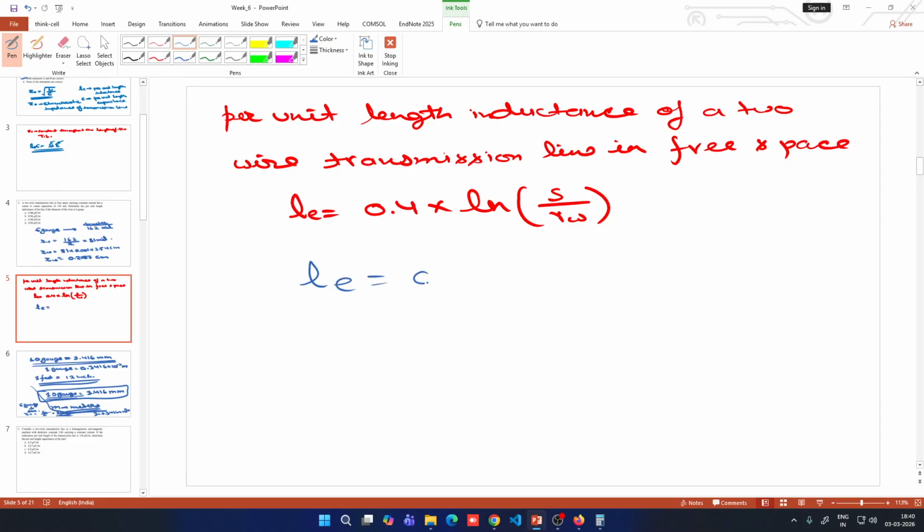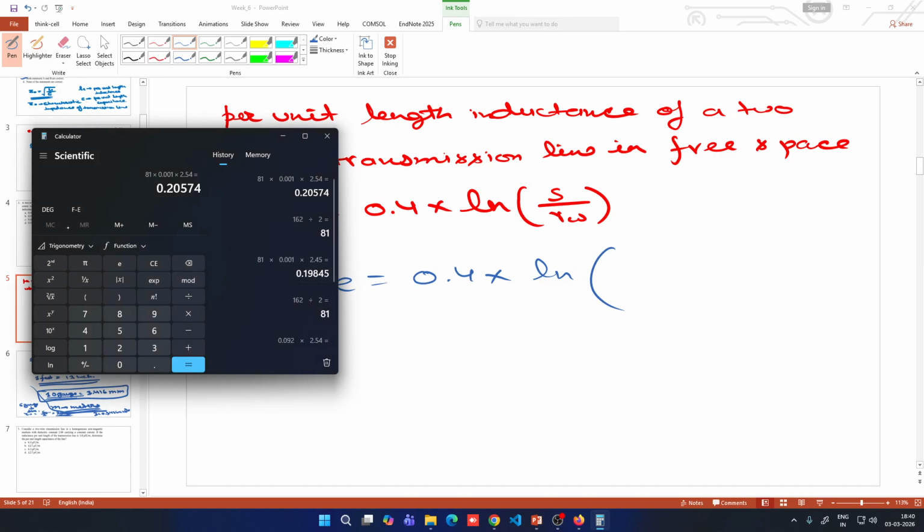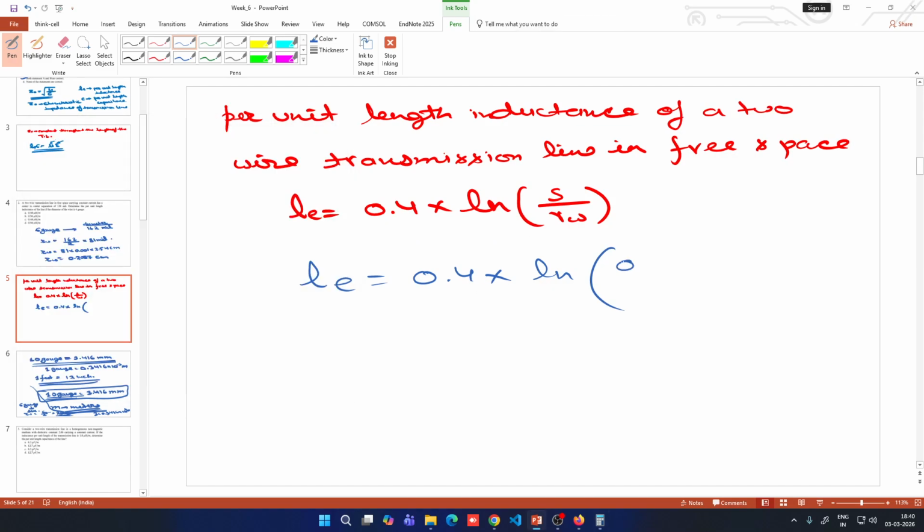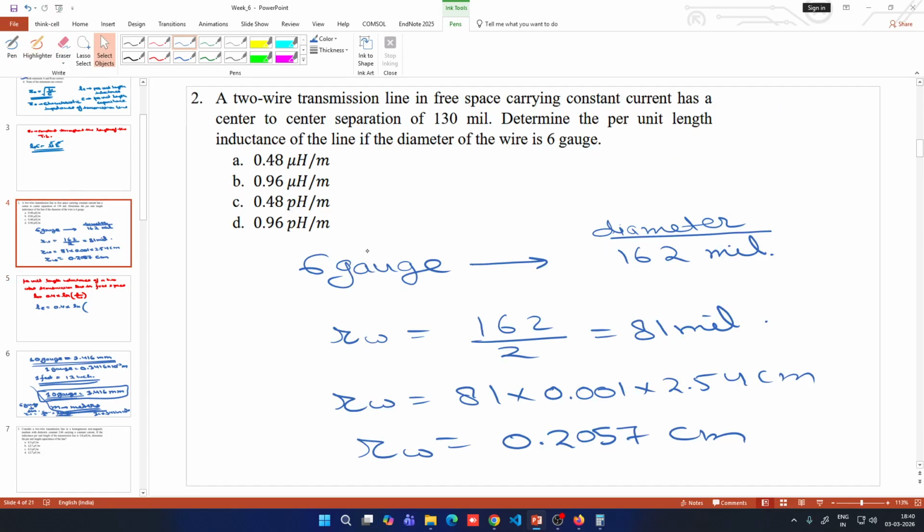So LA is 0.4 into ln of 0.20574. Sorry, this is S. This should be in denominator. So S is the same, it won't change. It's a standard value. So mils is a standard, it won't change from manufacturer to manufacturer.